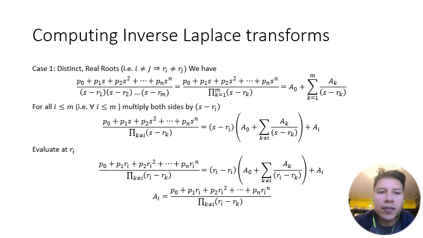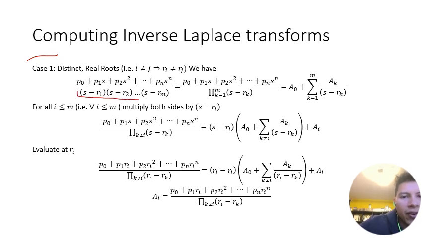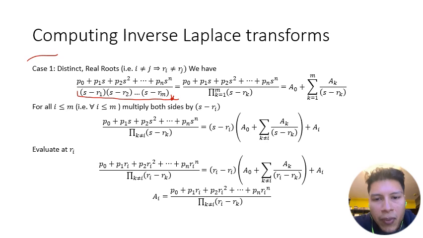Okay, so let's look at the first case for computing inverse Laplace transforms. Let's say we first found our polynomial, and then we found the roots of that polynomial in the numerator. And now we need to find the value of each of these constants.